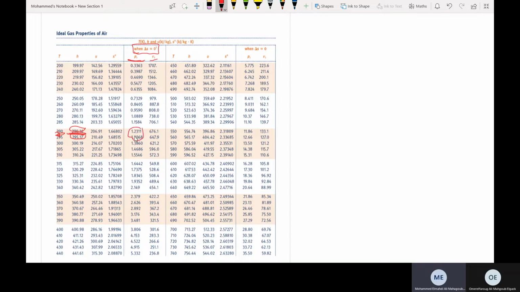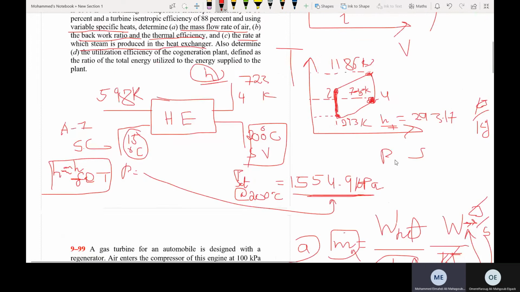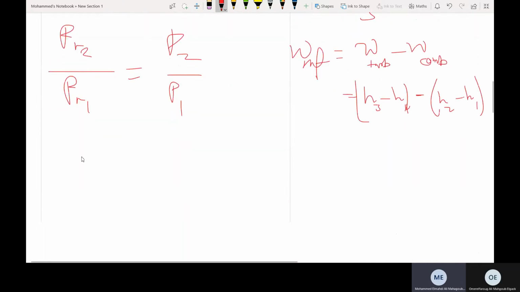It's going to be somewhere around 1.27. After the interpolation, I've got that the relative pressure at point 1 is equal to 1.2765. It doesn't have a unit. So I can get H at 2.